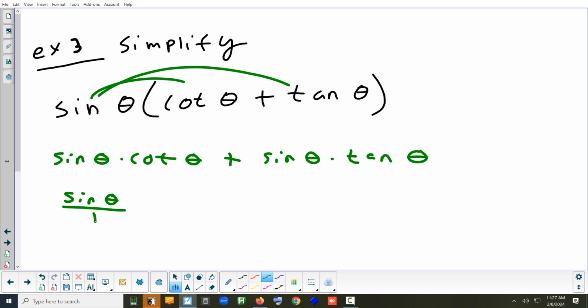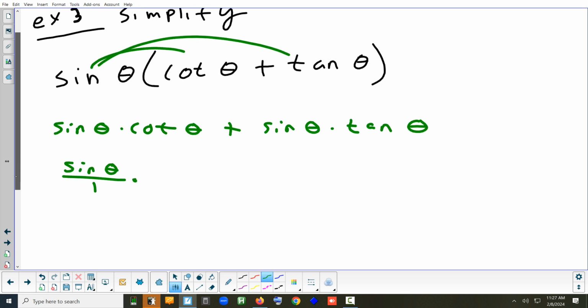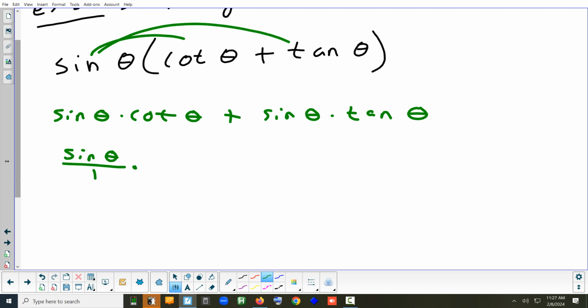So it's going to help to make that a fraction. How about cotangent? Cosine over sine. Sine, again, stays the same. And what about tangent? Sine over cosine.